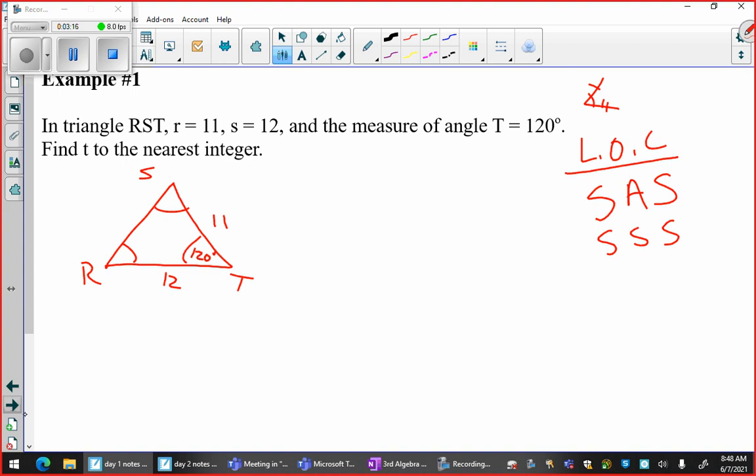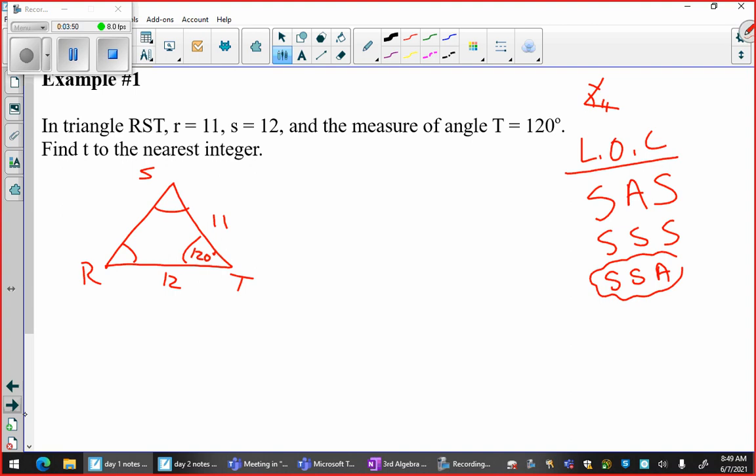No, there was one more. Hold on. Side, side, angle, spelled backwards. Sometimes we'll just circle that. So we look at our triangle. What do we have? Oh, look at that. I have side, angle, side. Again, we're not proving triangles. If you see those three parts, we're going to use law of cosines.